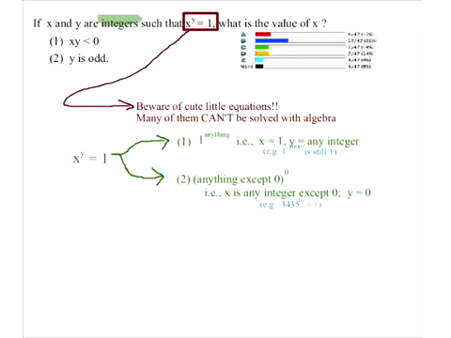Okay, then there's one more case. Who knows what that is? It's not just these 2 possibilities. Who knows what the last case is? Some of you guys are typing. We've got any number to the 0. Yeah, there it is. It could be negative 1 to an even integer power.